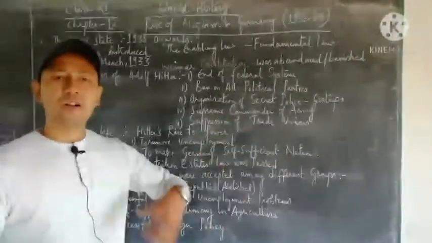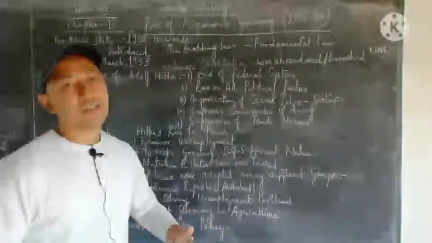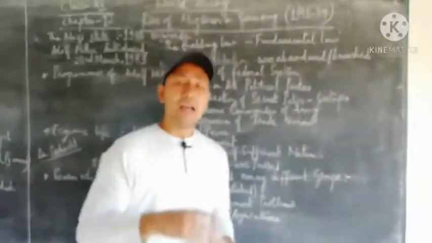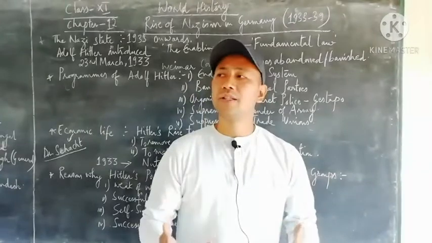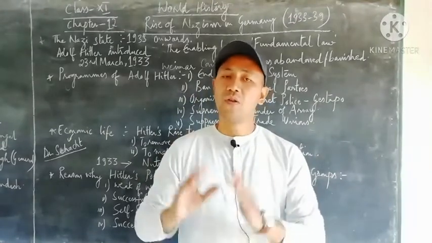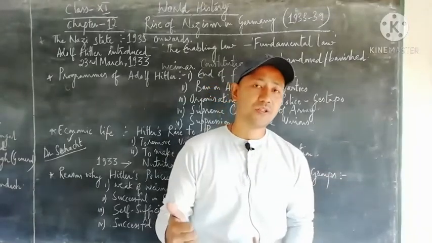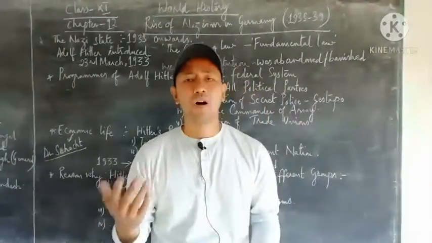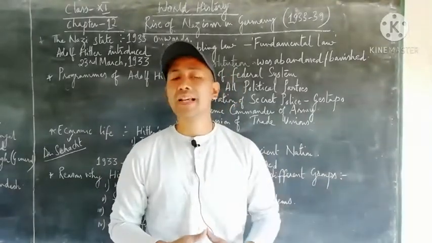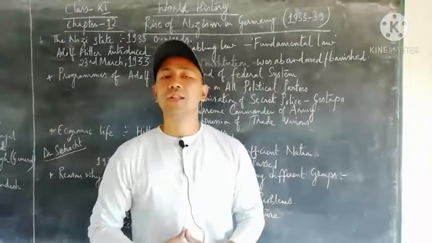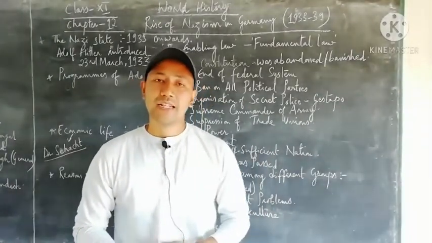because whatever new kind of policy was started in Germany after 1933, we see mostly from Adolf Hitler, how he wanted to put lots of policies into effect for the German citizens, so that Germany would be a self-sufficient nation, strong in administration, powerful in terms of arms and ammunition, so that they could take revenge against the Allied powers, to whom they had to face defeat after the end of the First World War in 1918.